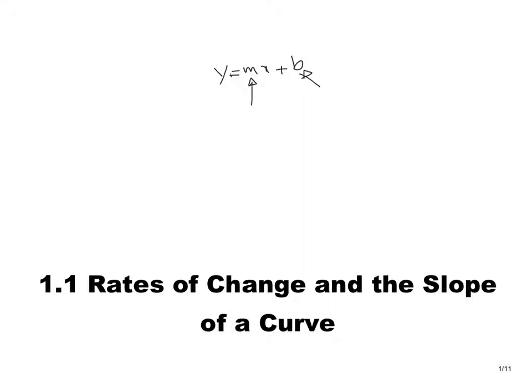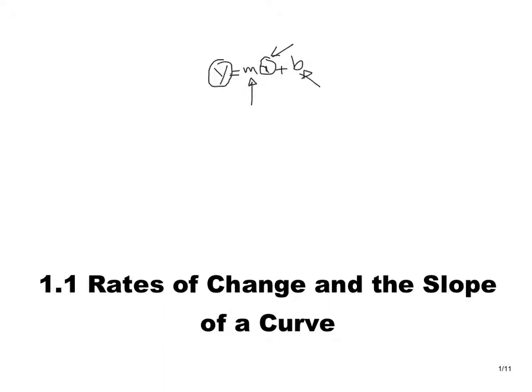In this unit, we are going to rename the slope as the rate of change. This indicates how fast a variable y changes when the variable x is changing. Now, the slope or the rate of change can be seen almost everywhere. For instance, when you throw a ball upward, the height of the ball changes as time changes.